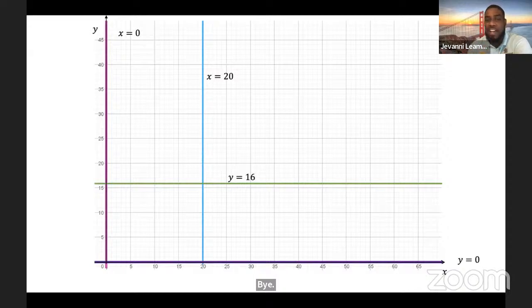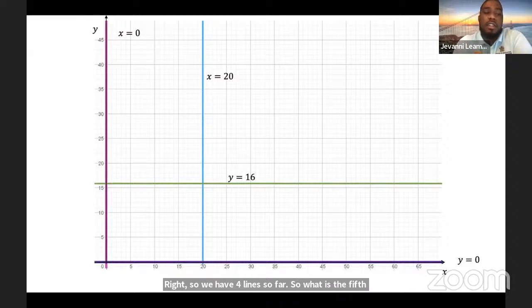If we have 5 inequalities, we should have 5 lines, right? So we have 4 lines so far. What is the 5th line? I want you to work that one out for yourselves, and you'll tell me where it should go. The last one. Can anybody remind me what that line is equal to? Not the inequality, but the line. What is the equation of the 5th one?